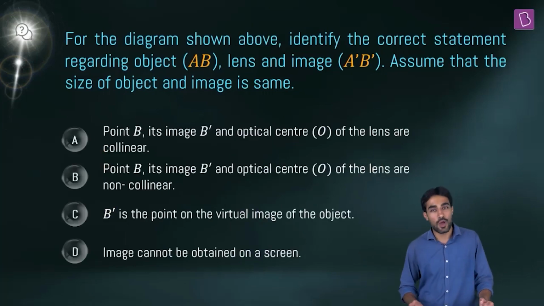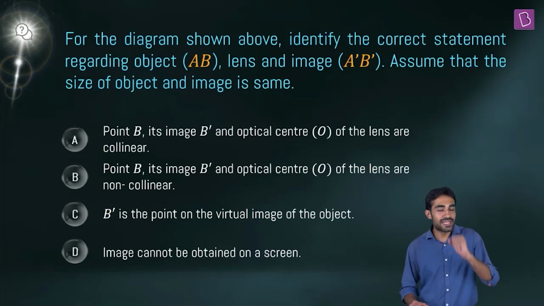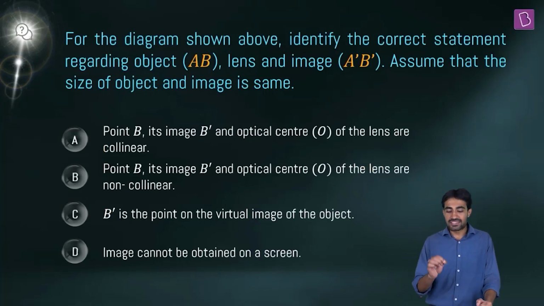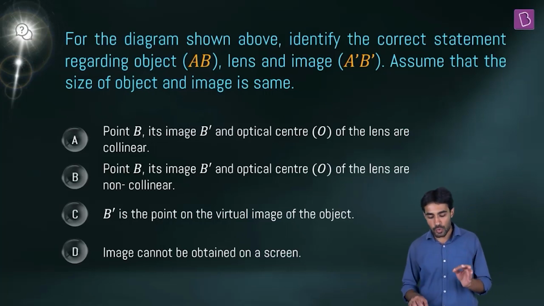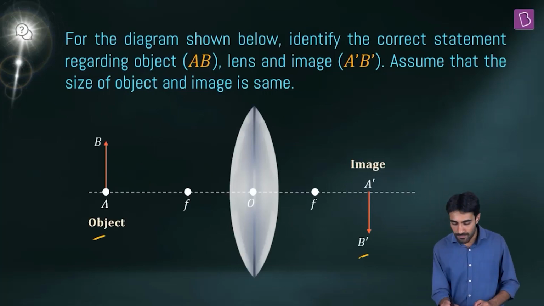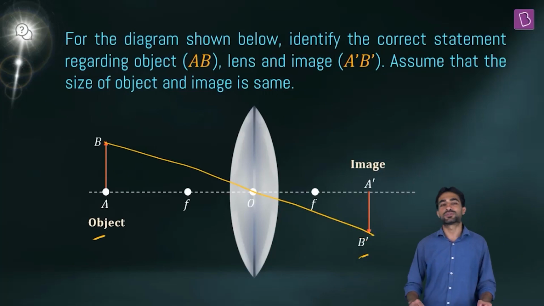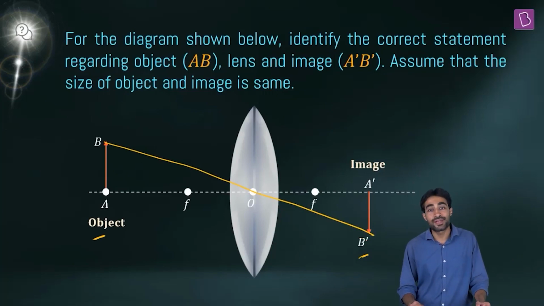Now these are the options. We have to pick the correct option, so let's read each and every option very carefully. Option A. Point B, its image B dash and optical center O of the lens are collinear. So this option says that these 3 points B, O and B dash are collinear. Are these 3 points collinear? Yes, they are.